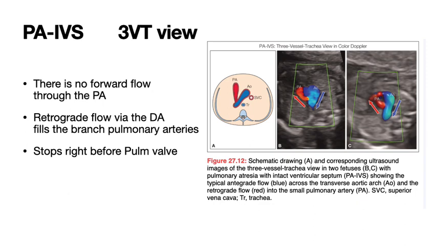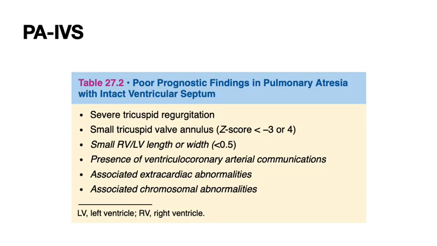In fact, what you have is retrograde flow, meaning the blood comes out the left ventricle, goes up the ascending aorta, goes across the transverse, and then right about there, it goes back into the ductus arteriosus backwards and then fills the branch pulmonary arteries. So the lungs get their arterial blood flow backwards through the ductus arteriosus.